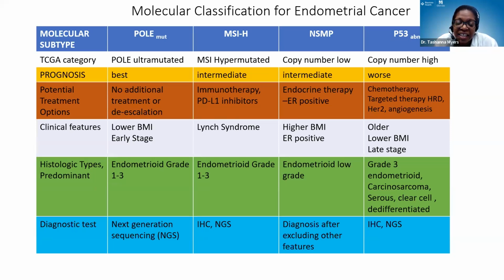I think the idea of just saying you have a grade 1 endometrioid adenocarcinoma is really behind us. The terminology should be you have a grade 1 MSI high, POL mutated, P53 wild type, right? The nomenclature for how we identify these tumors is really evolving.